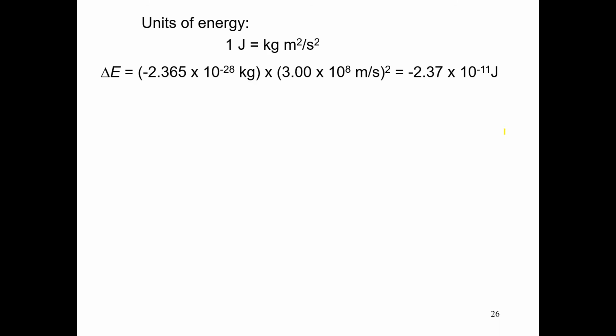That is a conversion that we've used in the past. So we can now convert this mass defect that we calculated here, times the speed of light squared, and we get minus 2.37 times 10 to the negative 11 joules of energy.